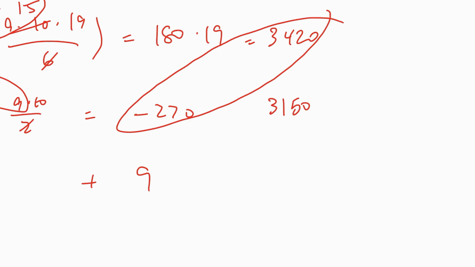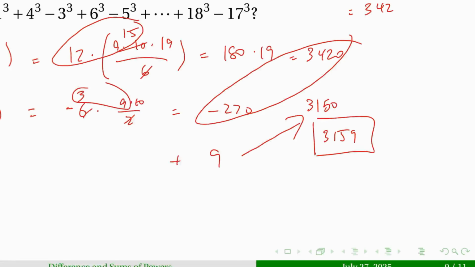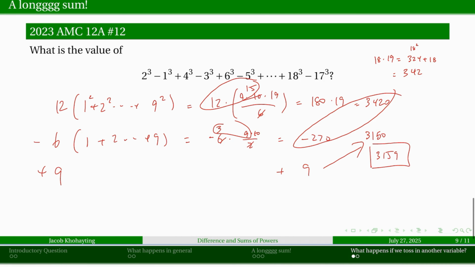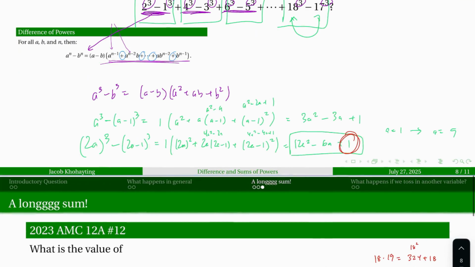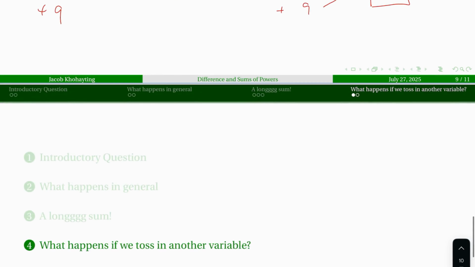This is 3150, 3159 when you add the 9 to 3,150. So 3159, that's a long sum, lots of computation, but the main part was being able to factor a cubed minus b cubed into something very nice that we can compute.